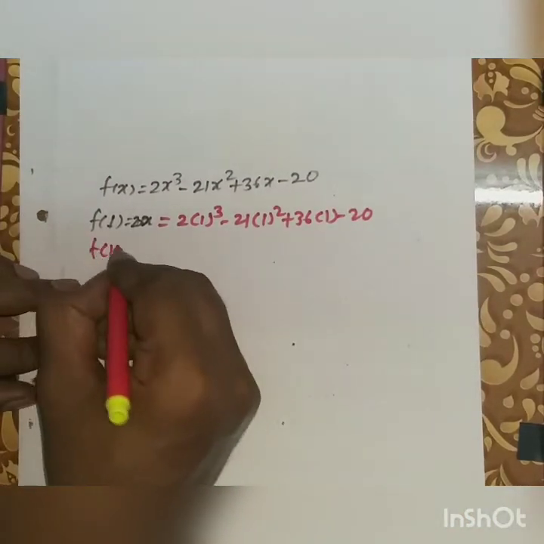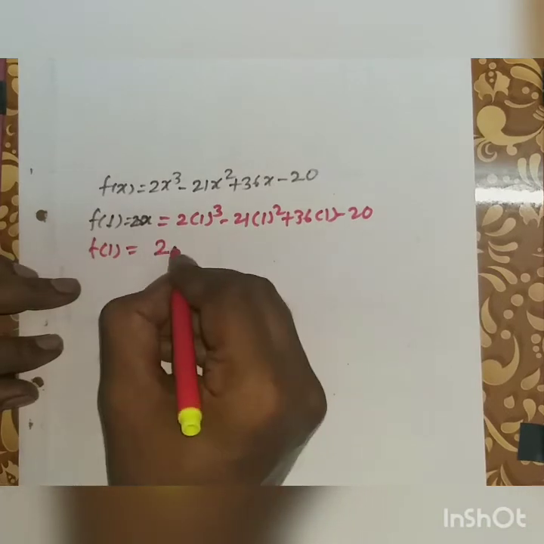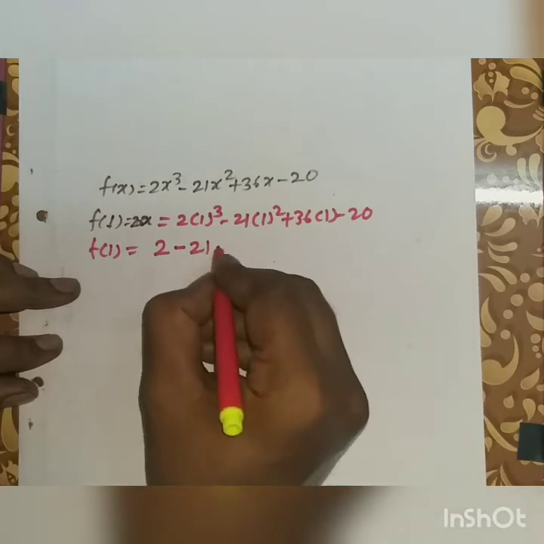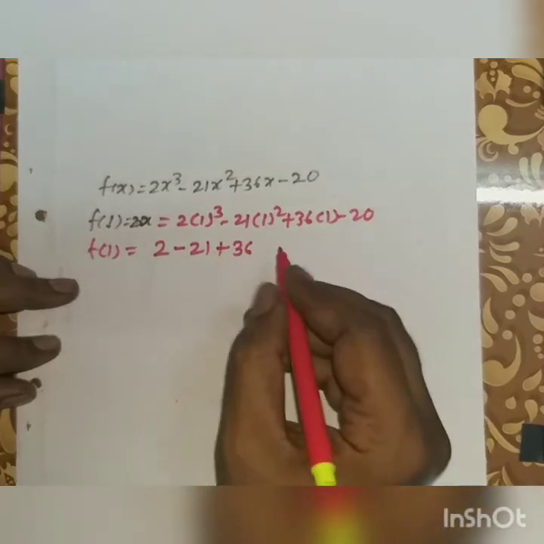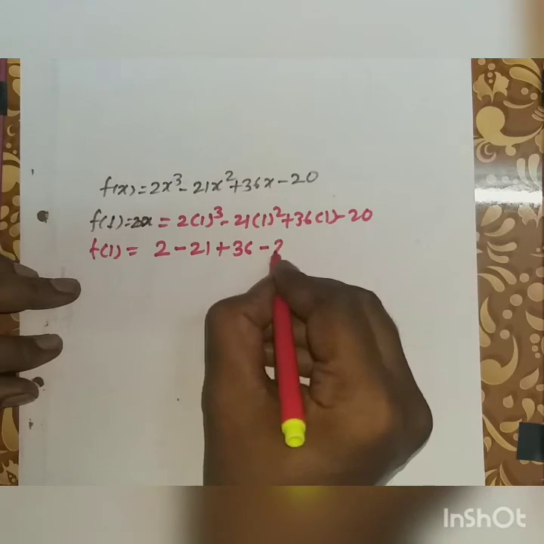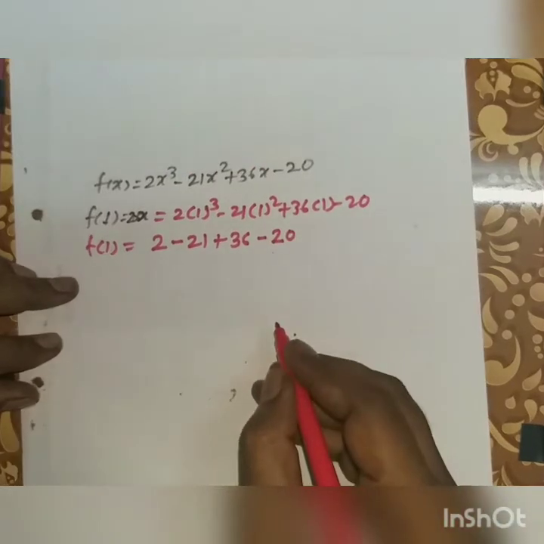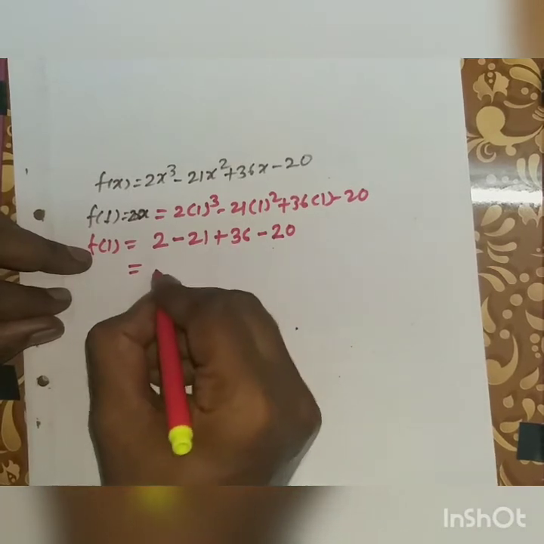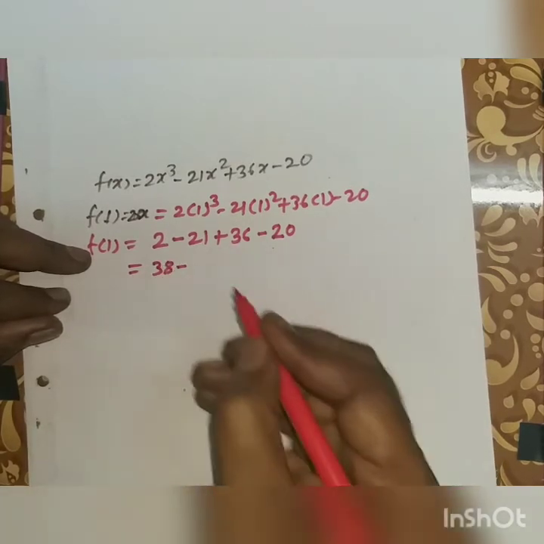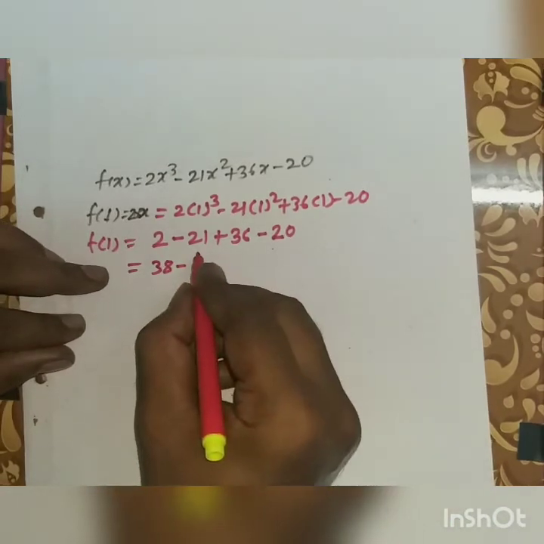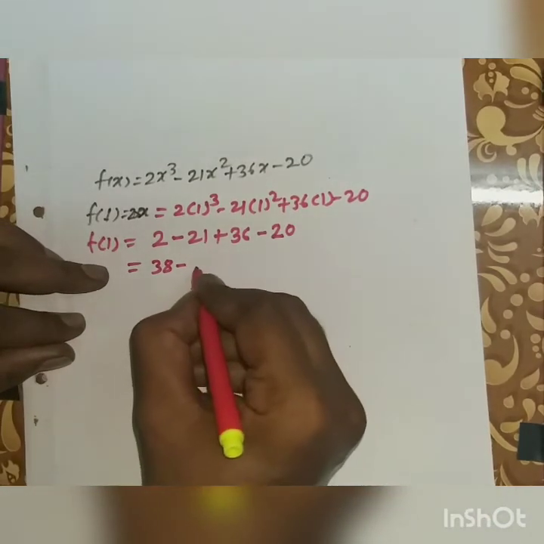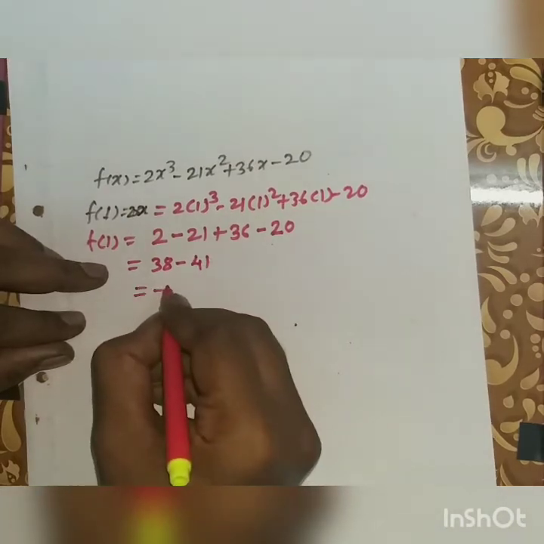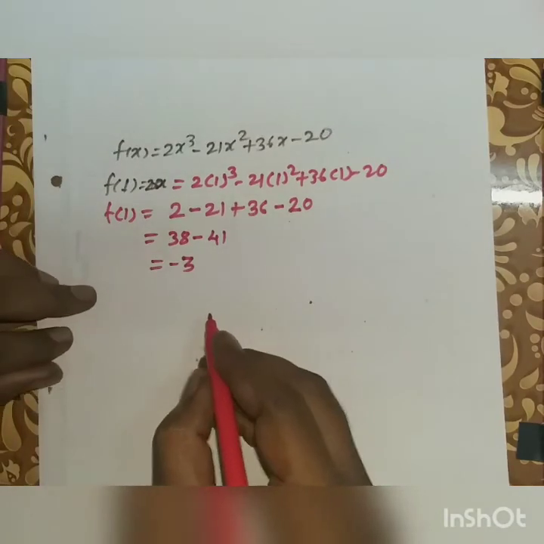Therefore, f of 1 is equal to 1 cube is 1, 2 into 1 is 2, minus 21, 1 square is also 1, plus 36 minus 20. That is 36 plus 2 is 38, minus 20 minus 21, which is minus 3.